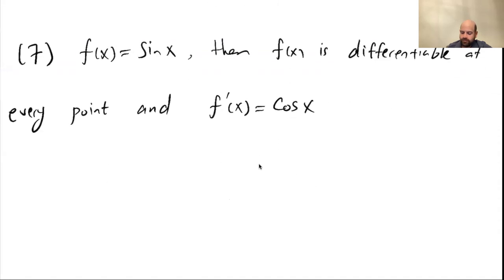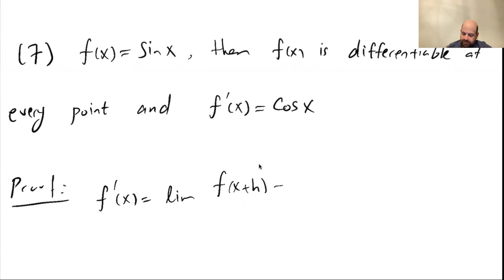Okay, so how can we prove this? Proof. So what is f prime of x? f prime of x is equal to the limit of f of x plus h minus f of x, divided by h, as h approaches 0.